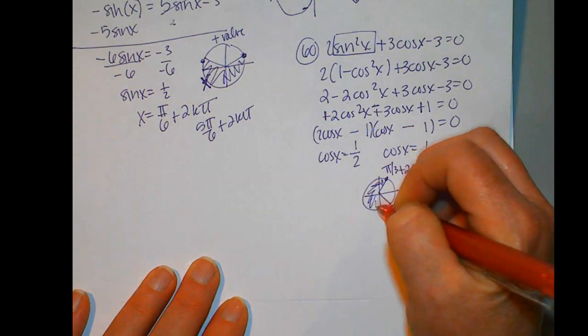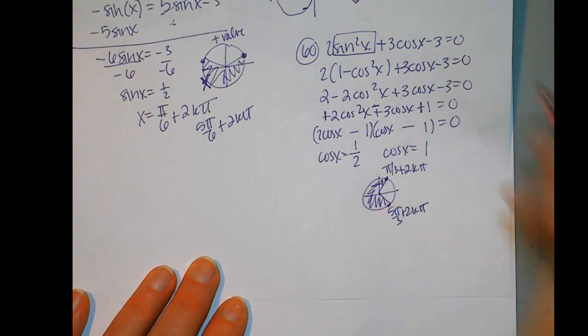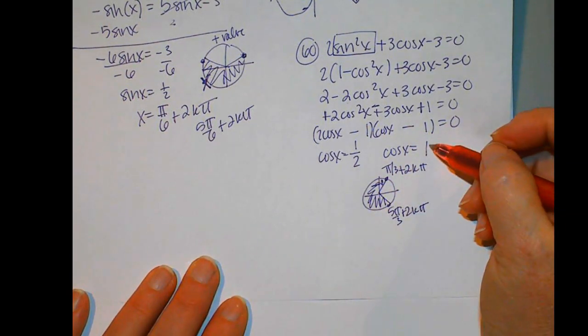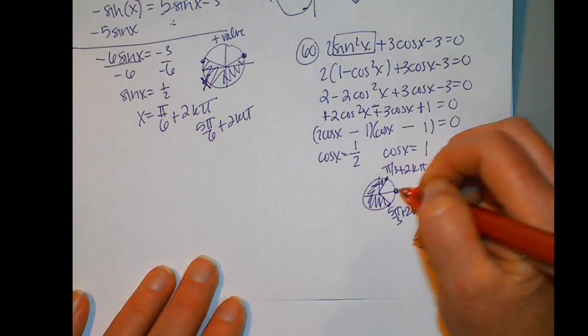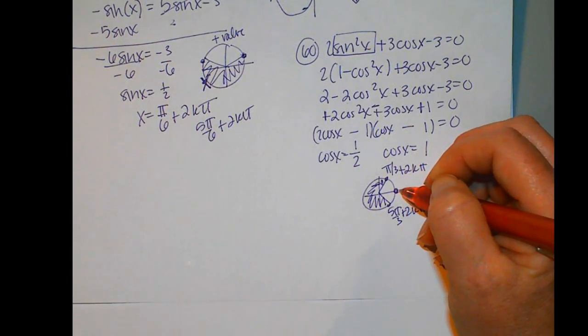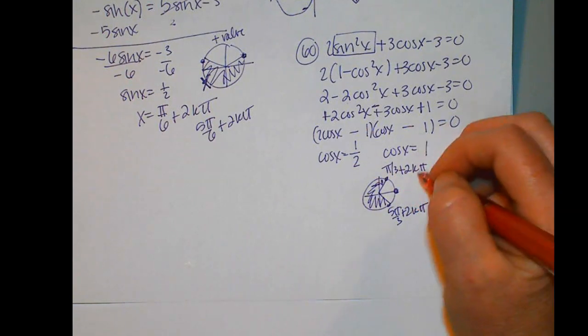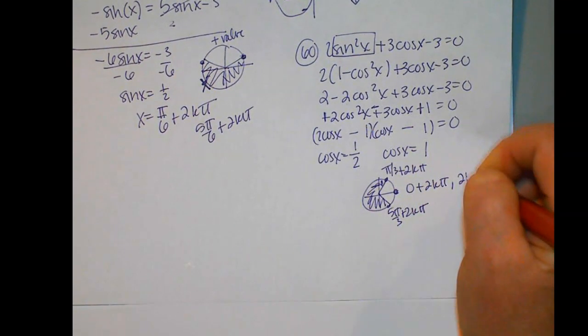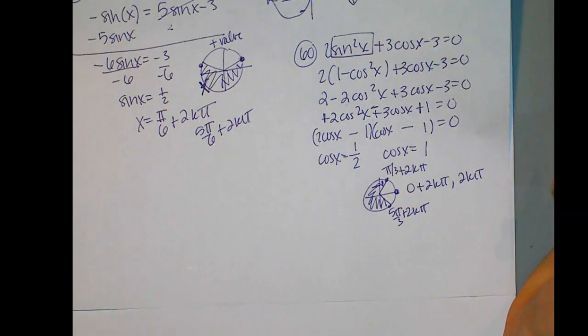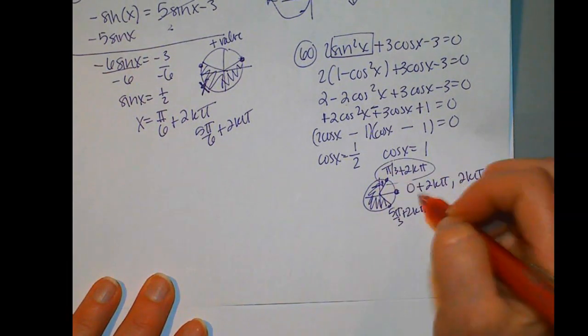It doesn't work. I'm trying to give you some visuals. And then I solved the 1. Where's cosine equal to 1? It's just one place. It's at 0. So we have only one place. And to get to that one place over and over again, we're going to have to add 2k pi. So you could call it 0 plus 2k pi. You could call it 2k pi. Either one is the same. And there's 3 answers.